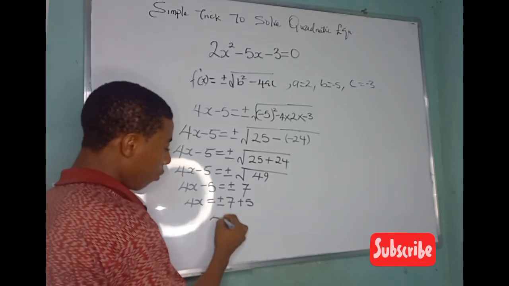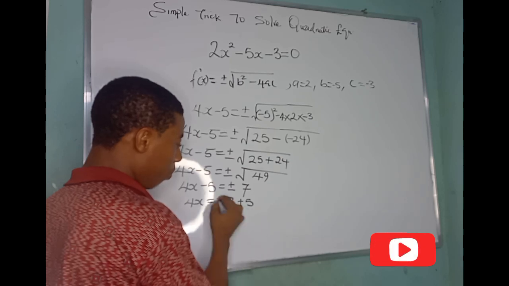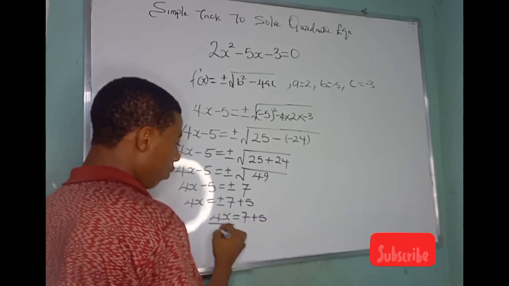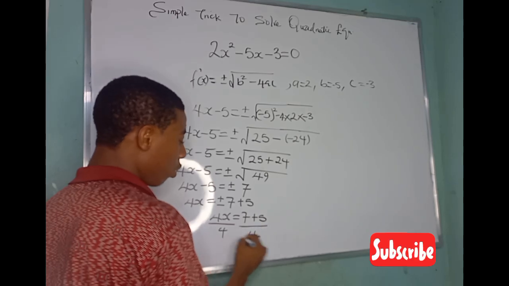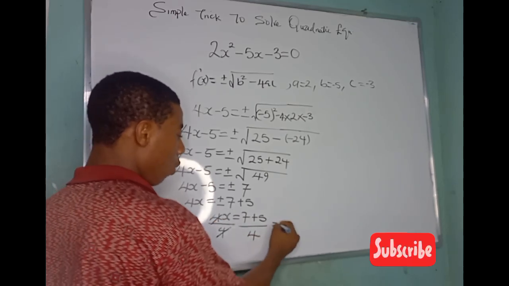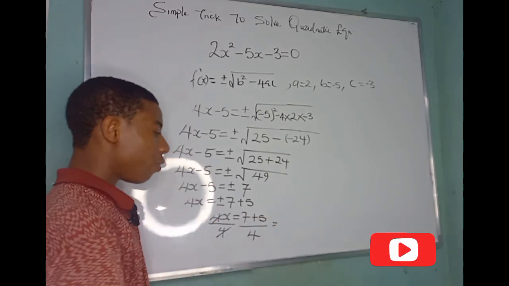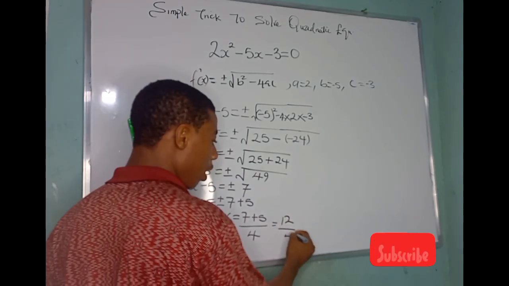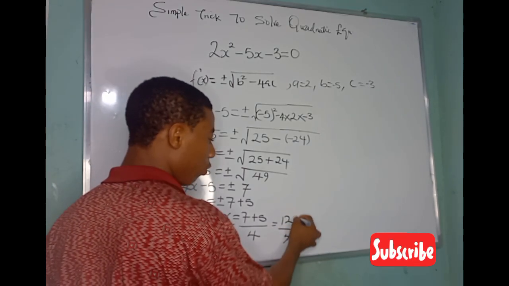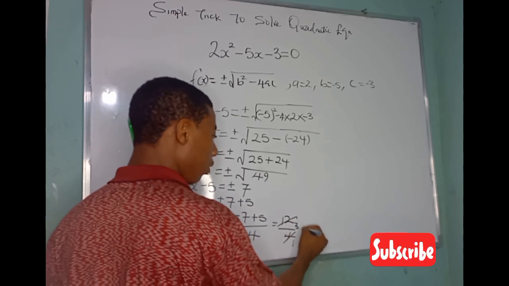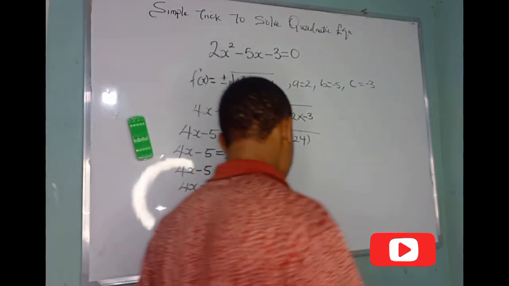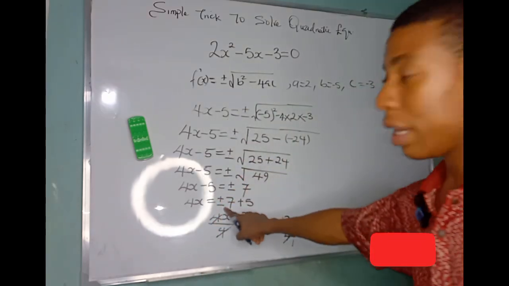Let's take plus: 4x equals 7 plus 5, all divided by 4, the coefficient of x. 7 plus 5 is 12 over 4, and 12 divided by 4 is 3. That means x equals 3. Very, very interesting.